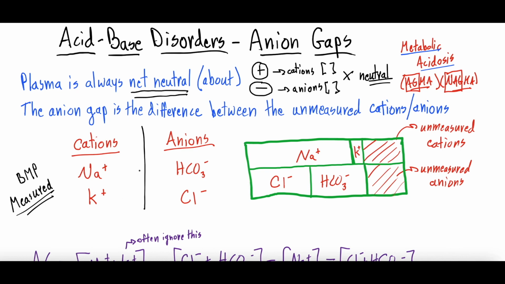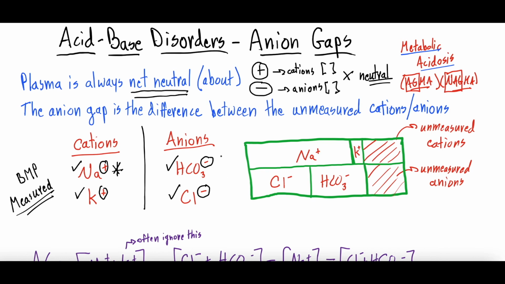But to understand that, we have to know what the normal measured cations and anions are. The measured cations are primarily sodium and potassium, which are positively charged, and sodium is far and away the biggest contributor. The two measured anions are bicarbonate, HCO3, negatively charged, and chloride, negatively charged.